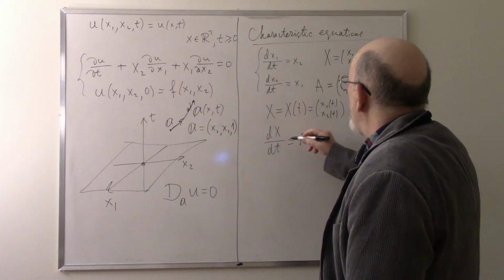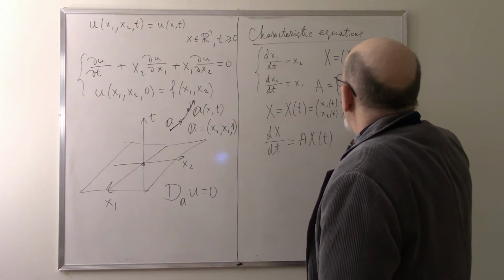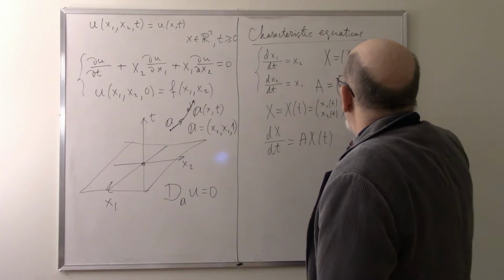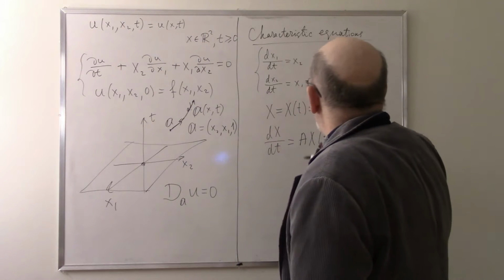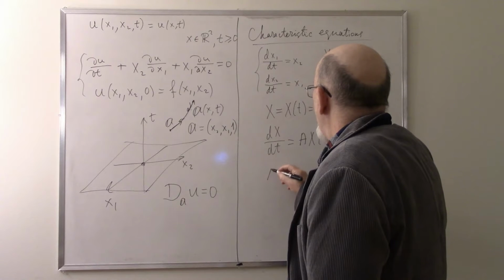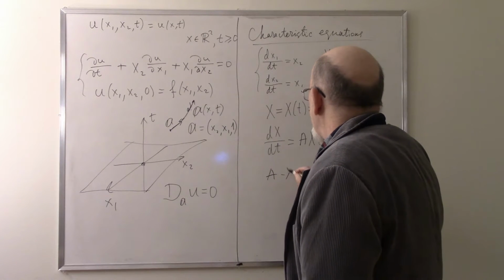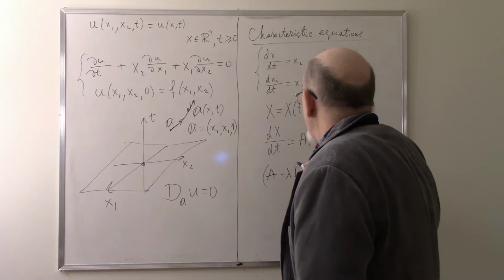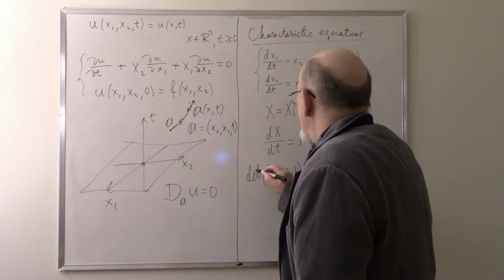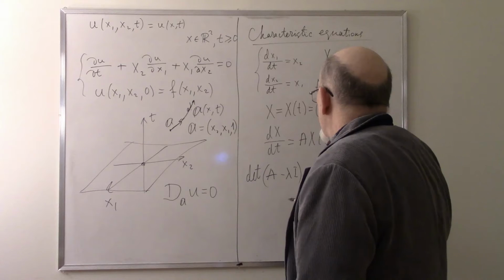Now to solve this equation, we have to find the eigenvalues and eigenvectors of this matrix. The determinant of A minus lambda I equals 0.